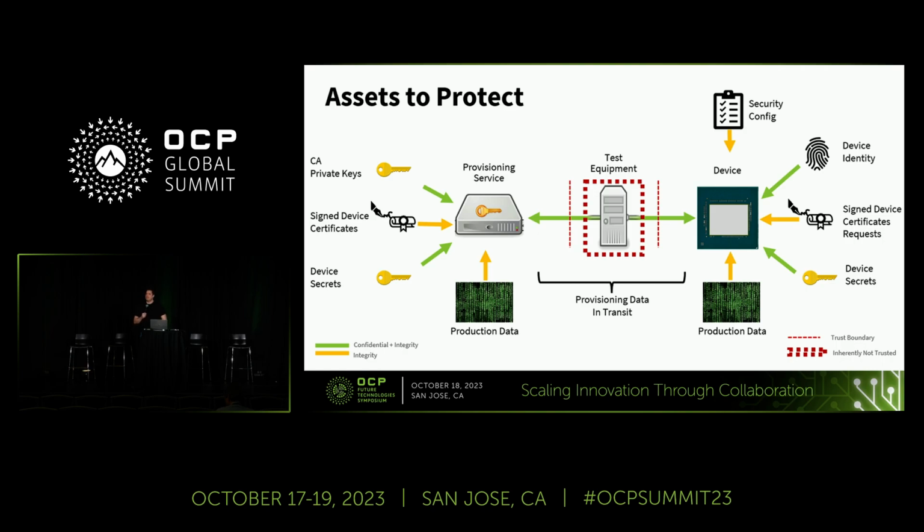There's security-related configuration data, such as turning off debug once you no longer need it. And then there's the signing requests and the logs of all the devices being generated. Not all of these are necessarily secrets, but we do want to make sure that they're not being altered at the time they're happening. We want all of this data to be collected and to be accurate, and to know when we go back and inspect our logs later that they are correctly capturing what happened.